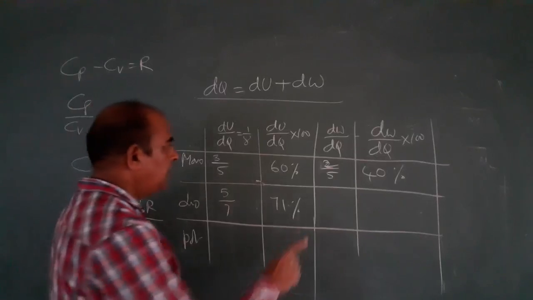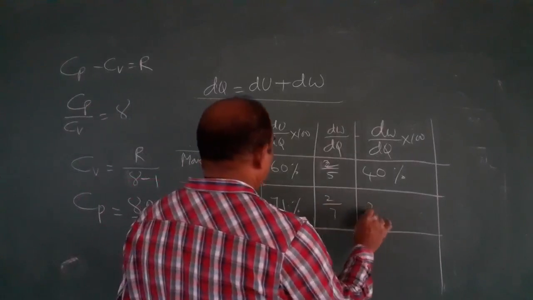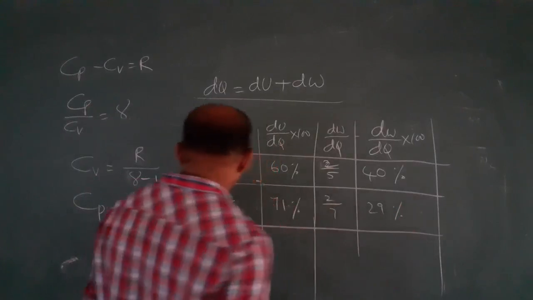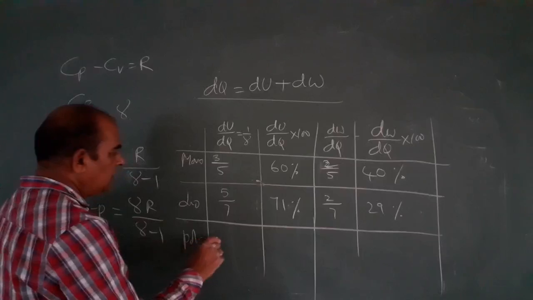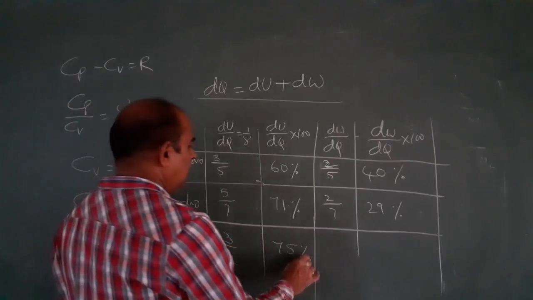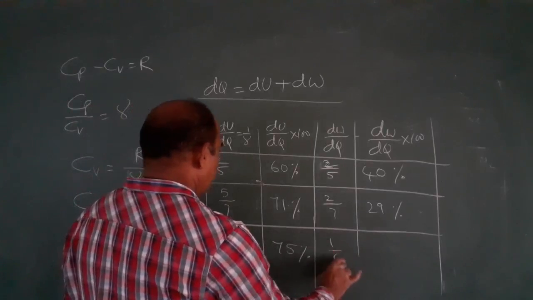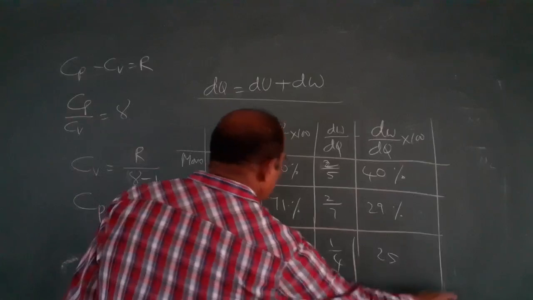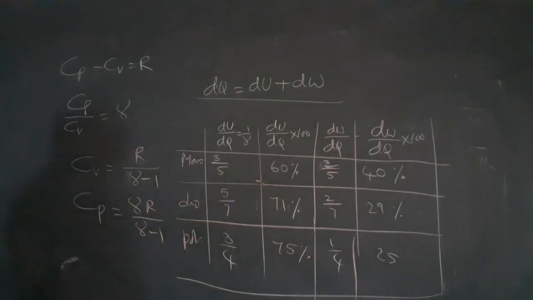And this one 2 by 7, 29%. And for polyatomic gas, this is 3 by 4, and then 75%, and 1 by 4, 25%. This table is an important table.